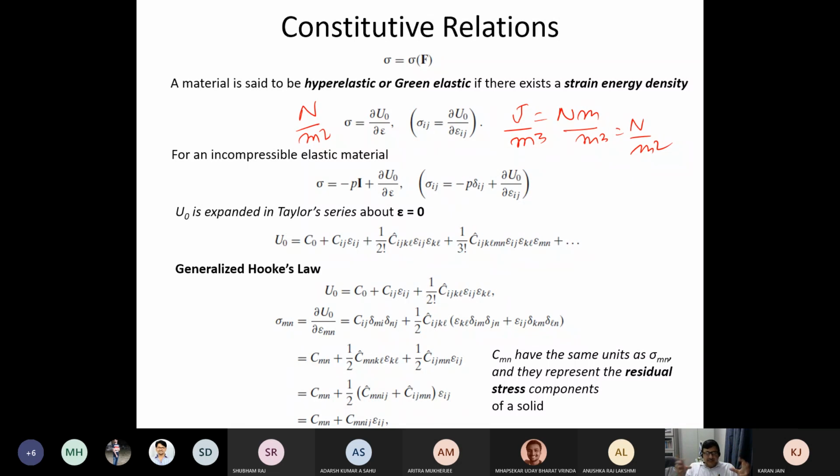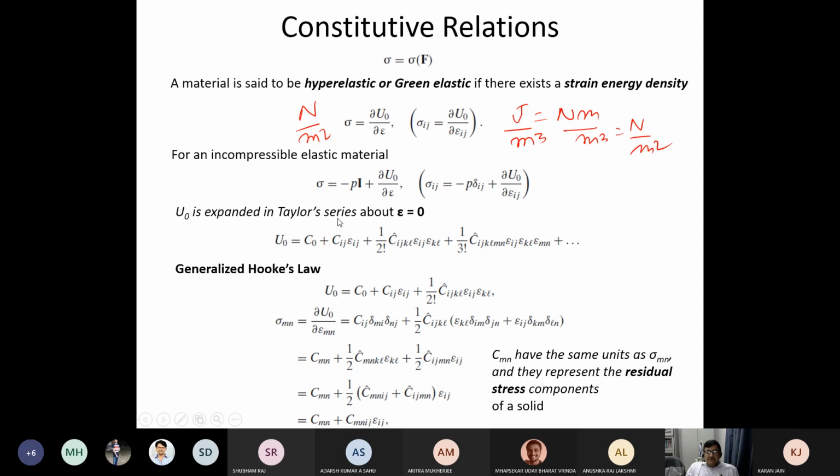When you are pressing it, you are overcoming the energy to cause some strain. That's what is expressed here. Now for an incompressible elastic material, sigma is nothing but you take the principal stress or the normal stresses out, and then you keep the deviator part here, which is del U0 by del epsilon. This we have already argued in a big way.